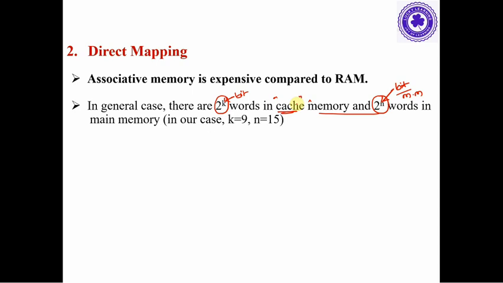Previously, we stored the n-bit address of memory along with the data in the cache, at any free location.